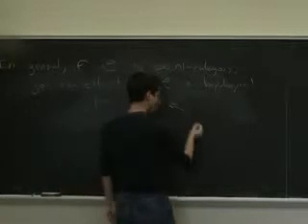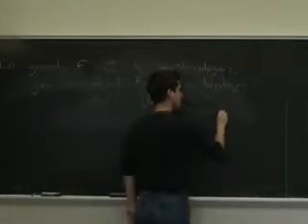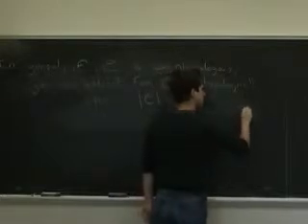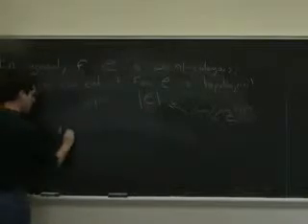This is sometimes called the classifying space of C. And how should you think about it in the language of higher category theory?